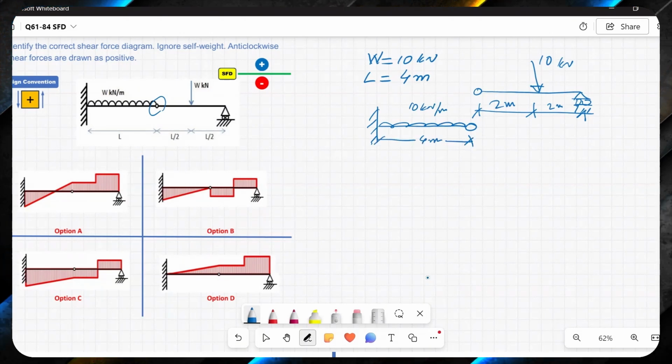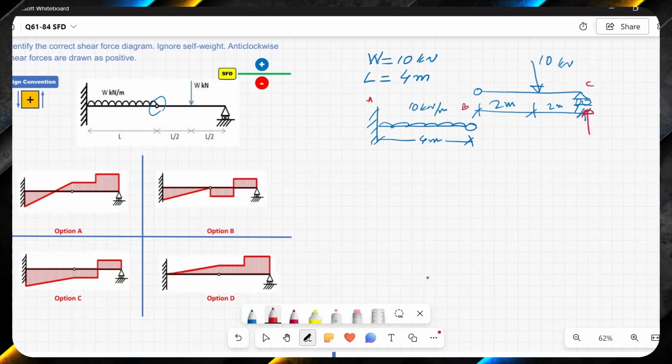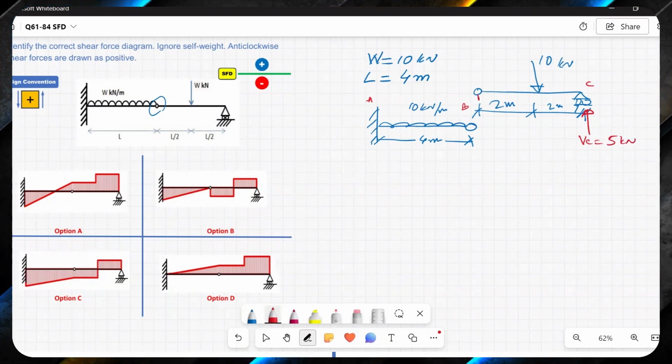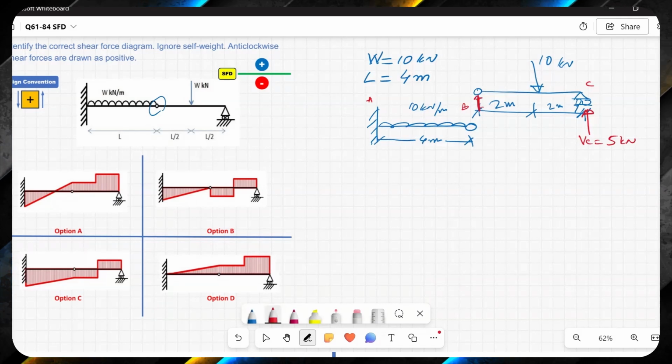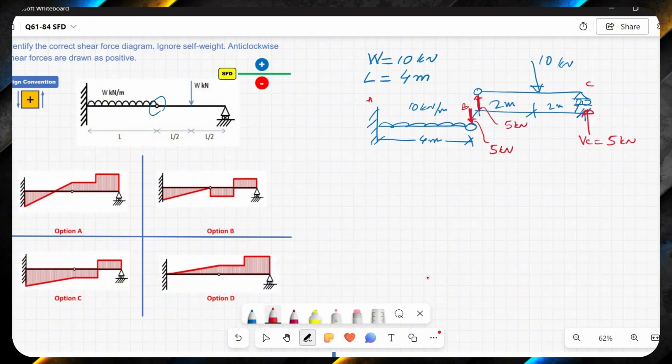The reaction over here will be half and half. I call this point A, this B and this C. Reaction here at VC is equal to half of 10, which is 5 kilonewton. And we have an upward reaction on the right side, which is 5 kilonewton as well. And on the other side of the pin, we will have a downward reaction of 5 kilonewton.